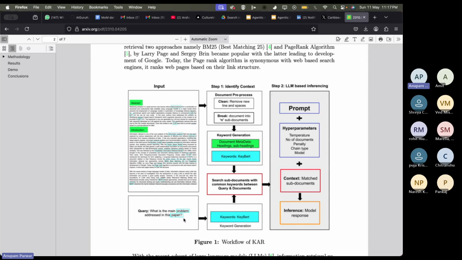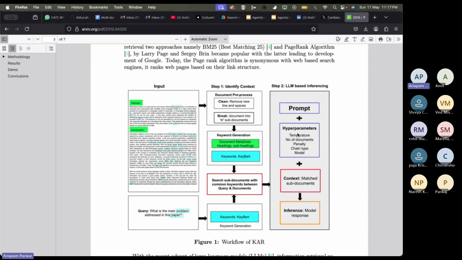Now we will try to match the keywords. If the keywords in this paragraph match the keywords in the query, we will say that there is a match, and this paragraph is now important as a context to be passed along with the prompt.